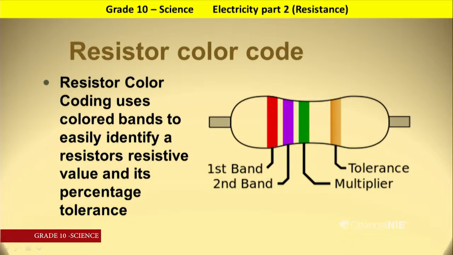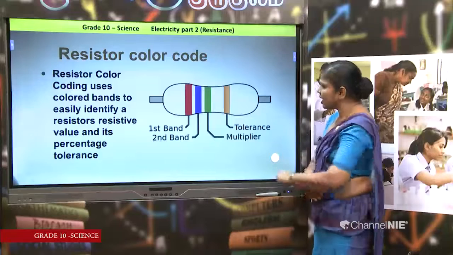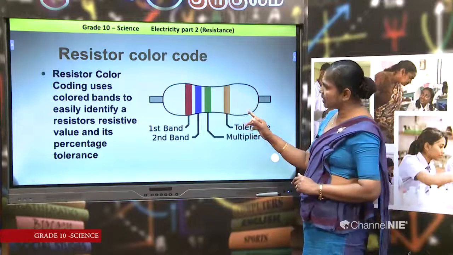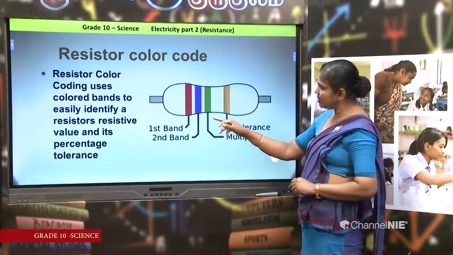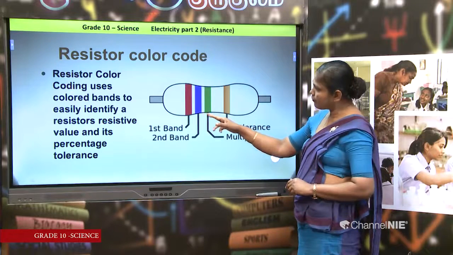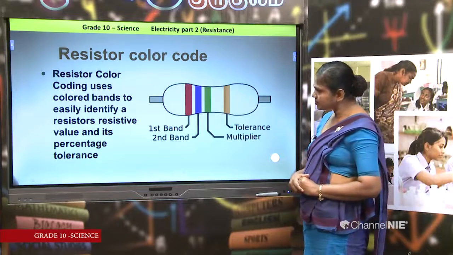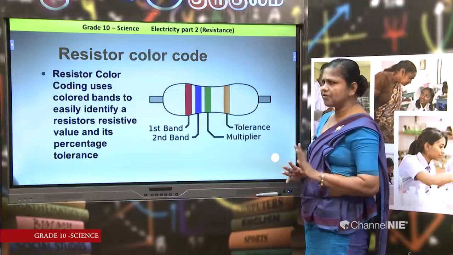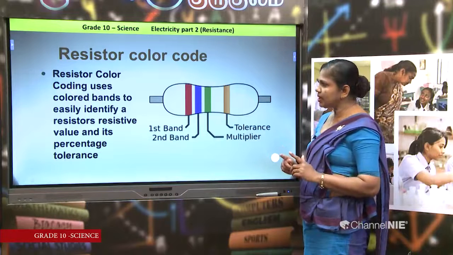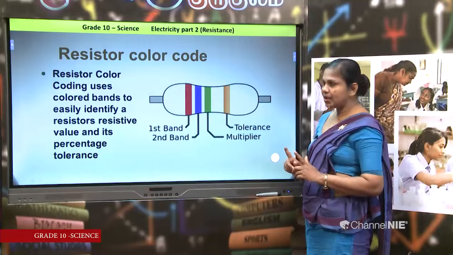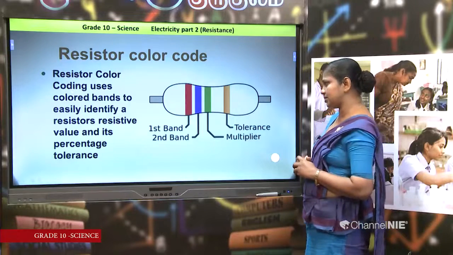Now, I am going to explain how the resistance value of a color code resistor is found and identified. Look at this particular resistor with color codes, children. You can see there are 4 color bands. There are resistors with 5 color bands too, children, but at this level, according to your syllabus, we use only 4 color band resistors.